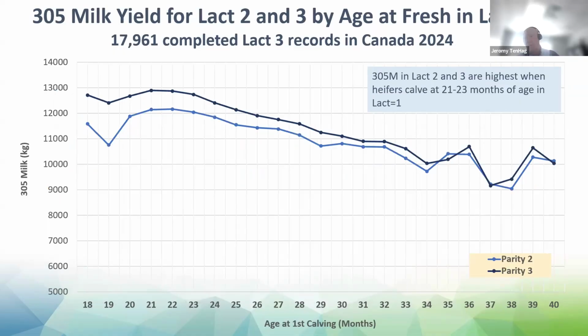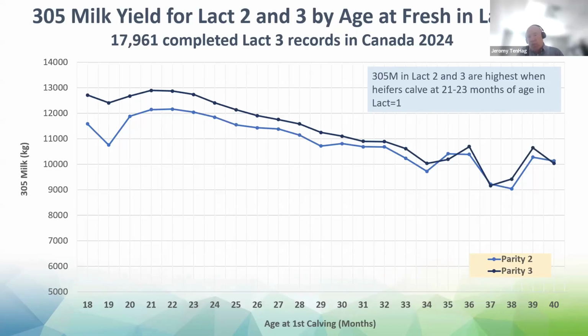The other thing that we tried to take some stabs at over the last 3 years is this: we're looking at the age at first calving for animals, but what was their lactation 2 and lactation 3 305 milk.